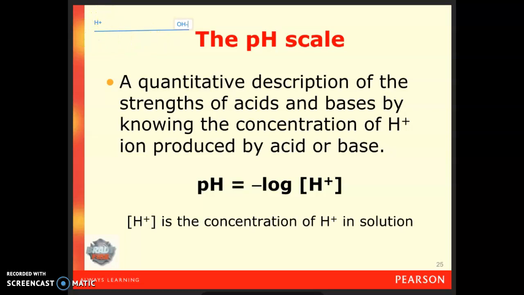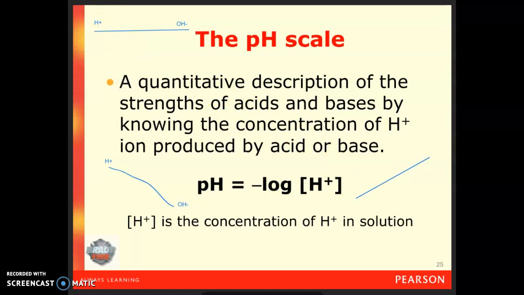But as we go to acids, what we will see is that acids will have a high concentration of hydrogen ion and a relatively low concentration of hydroxide. And bases, on the other hand, will have the opposite effect.